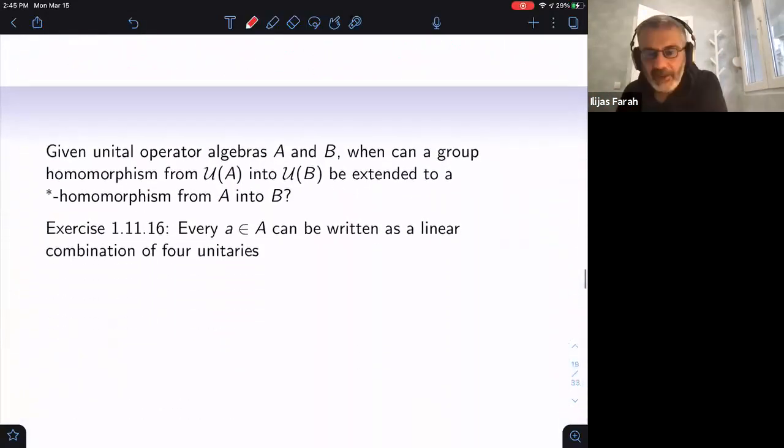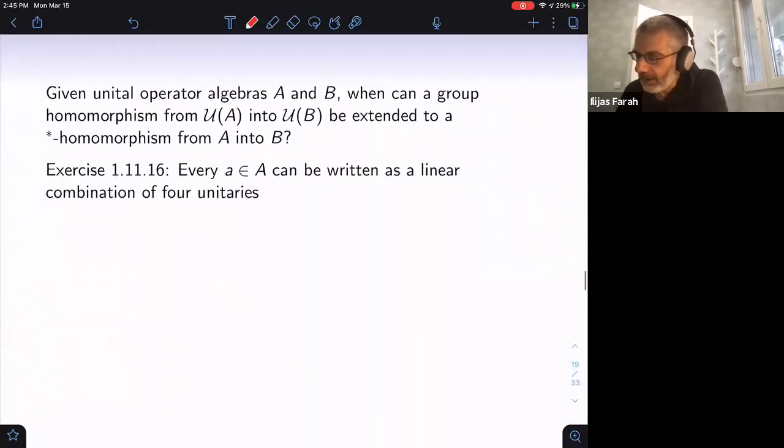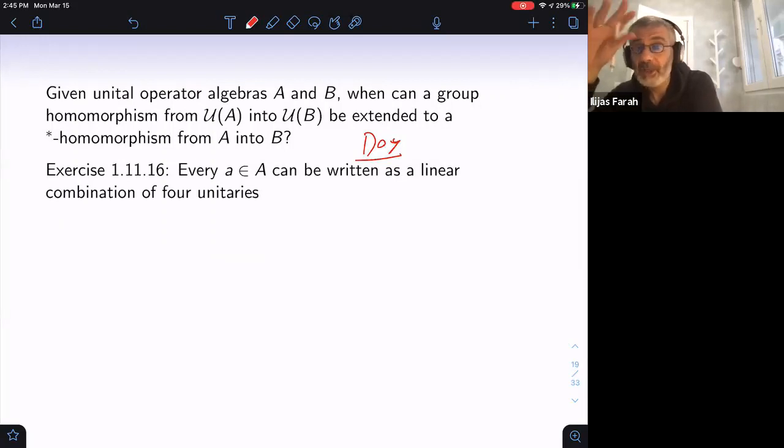Right. So back to this. The fact is that the answer is not always yes. There are examples. I'll just give a reference. Dye has a rather old, classical paper in which he studied von Neumann algebras and the situation in which a homomorphism, without any topological assumptions, between unitary groups of von Neumann factors can be extended to a star homomorphism.